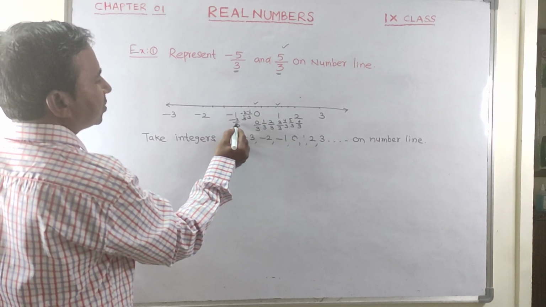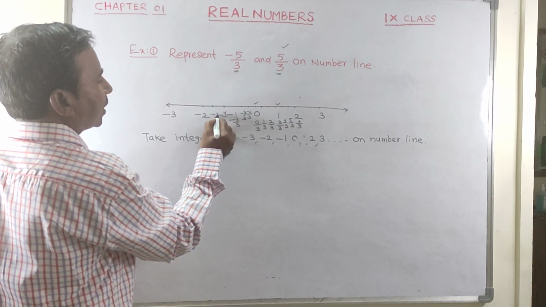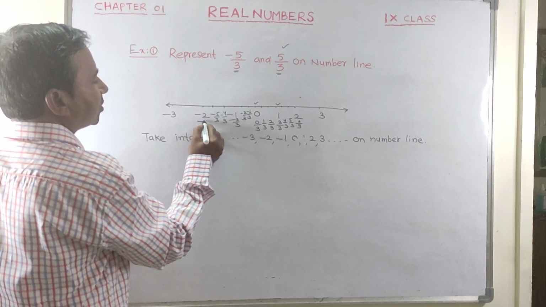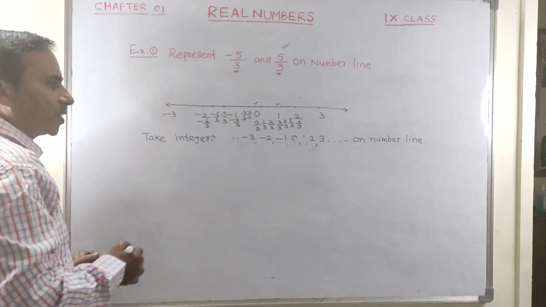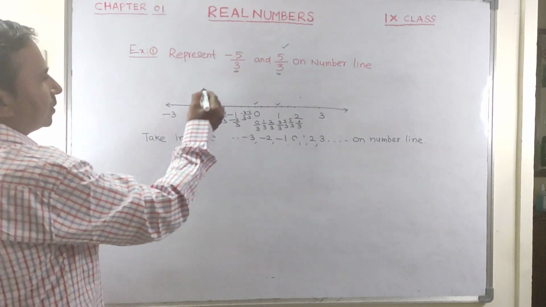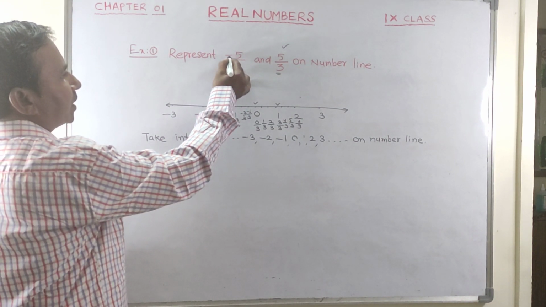Minus 3 by 3 completed now. Minus 4 by 3, minus 5 by 3, minus 6 by 3. Minus 6 by 3 is nothing but minus 2. Like that it will be continued till it covers the given negative value, minus 5 by 3.